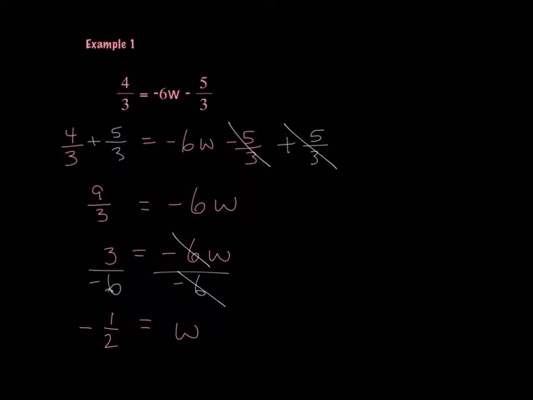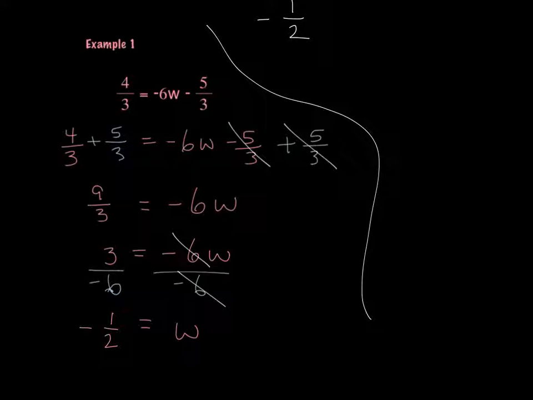And I always want to point this out to people. There's a few different ways we can write this, and I'll just use this space over here. You can write your negative out in front, like I did down below. That's perfectly fine. You could also choose to write it on the numerator, or you could choose to write it on the denominator.